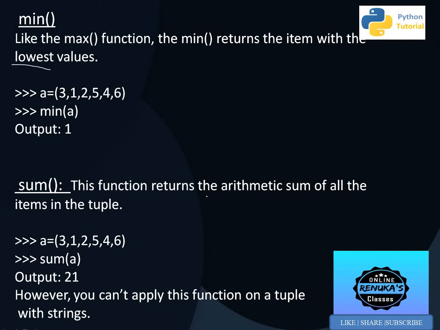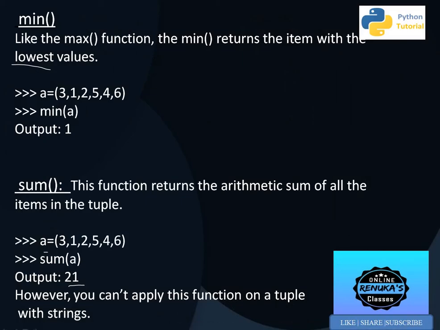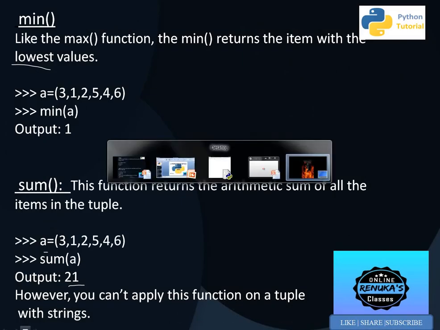Sum function helps to find the sum. If we write sum A, then all the elements 3 plus 1 plus 2 plus 5 plus 4 plus 6 of tuple A will be added and it will print the sum. The sum function also cannot work on strings. Let's see a few of these functions working.